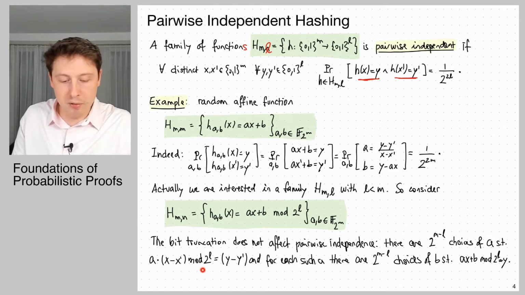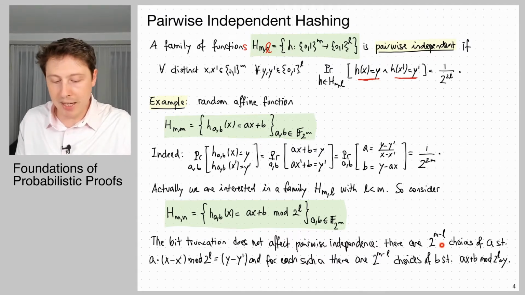And it's pretty easy to convince yourself that there are actually 2 to the m minus L choices of A that all map to this very same y minus y prime integer. That is an L-bit integer.